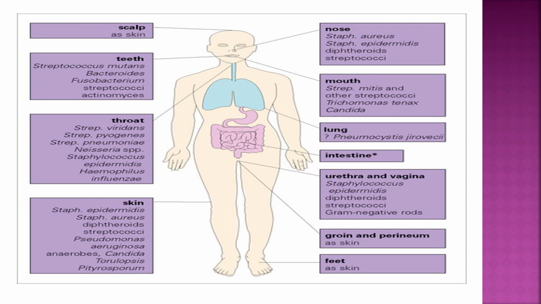In the nose, Staphylococcus aureus, epidermidis, streptococci. In the mouth, Streptococcus mitis. Then the lung, then the urethra, Staphylococcus epidermidis. Then skin like groin and perineum is the same as skin. These are a few examples of normal flora present at some locations in the human body.